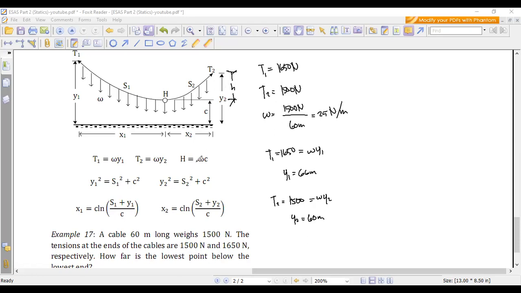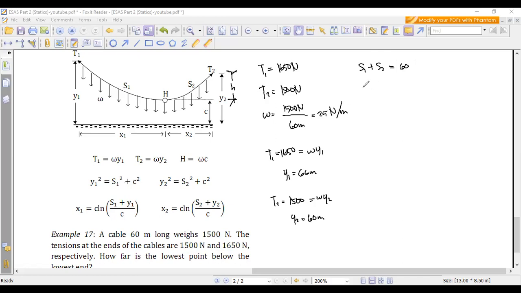Next is to find the variable C. How are we going to calculate for C? We said that the total length, S1 plus S2, would be 60 meters long. So we have formulas here.